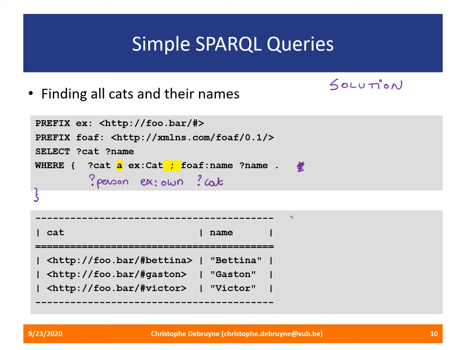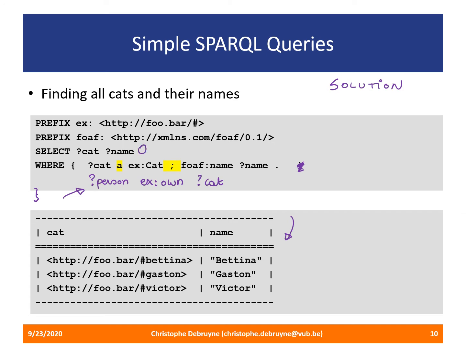This will return us the same result because none of the cats in our data set is not owned by anyone.